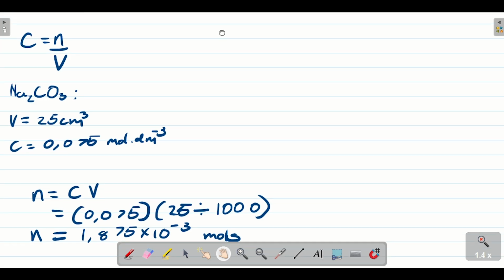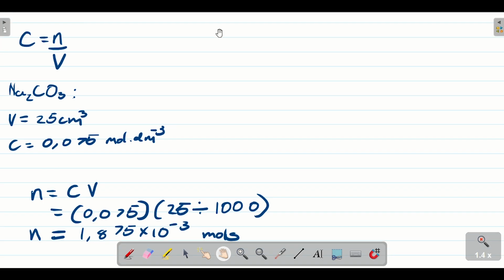Therefore, the number of moles for the hydrochloric solution is going to be twice that of the number of moles of the sodium carbonate.